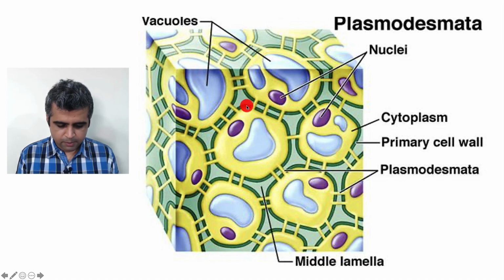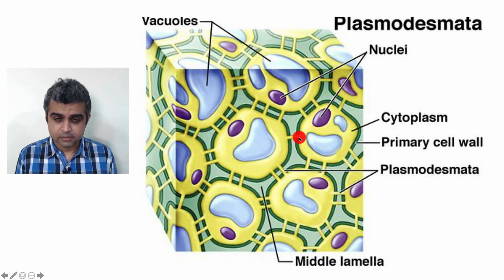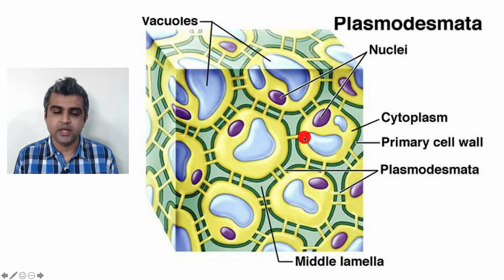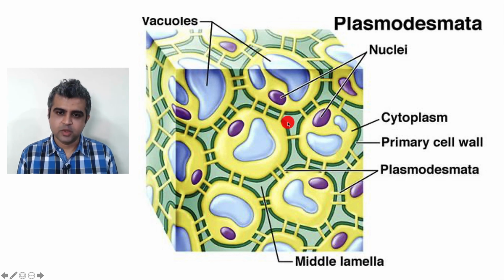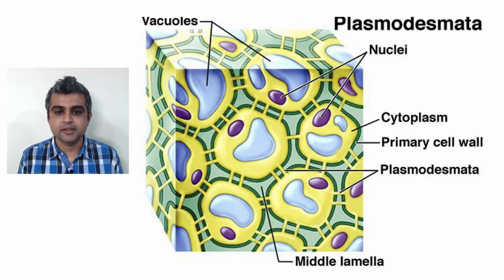The dark green part is the cell wall, and this light green part is going to be the middle lamella, and these cytoplasmic connections are passing through here. They are called symplast, and this entire structure through which they are passing is going to be called plasmodesmata. So this is all the plant cells together showing the various plasmodesmatal connections.